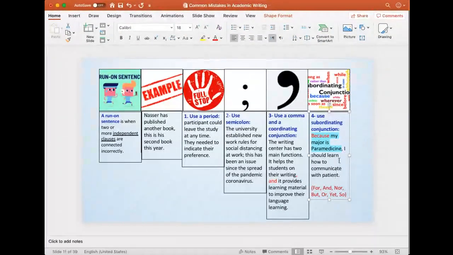Therefore, I added another part, separating it with a comma: I should learn how to communicate with patients. This communicates a full thought, and it is an independent clause. And these are the conjunctions that we can use in certain cases. Exactly, FANBOYS, yeah.